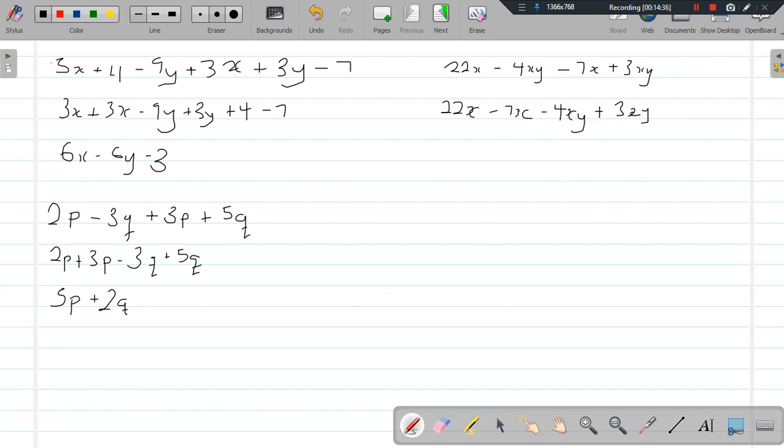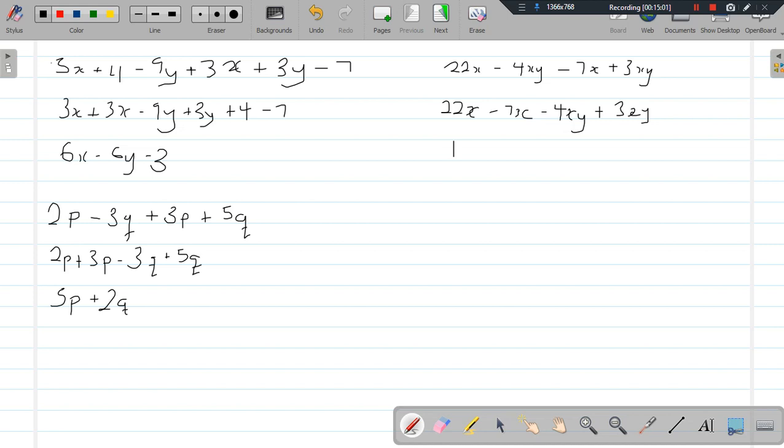So now we have been able to group the like terms. What we have to do next is to simplify the like terms by adding or subtracting the coefficients. Right, so looking at the values of x, 22 minus 7 is going to give me 15.